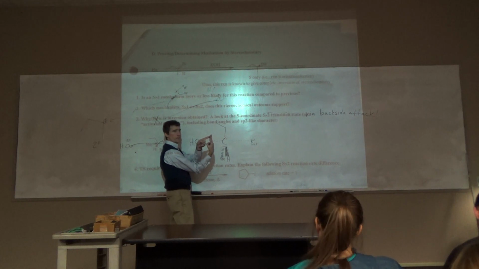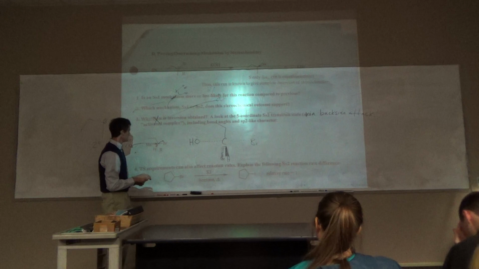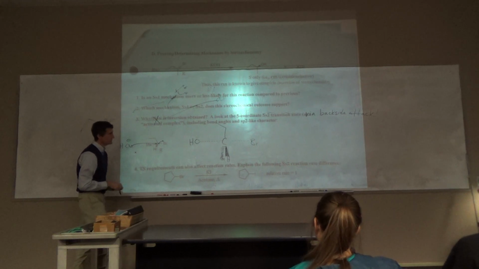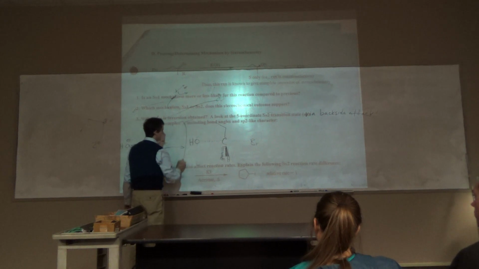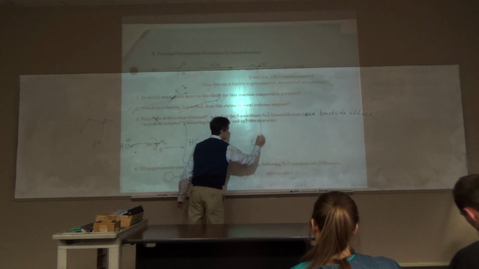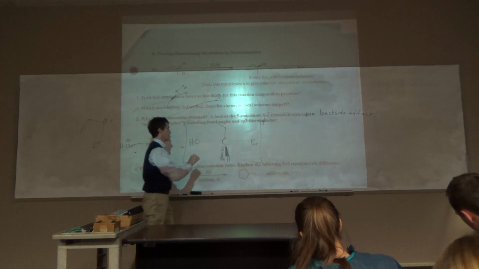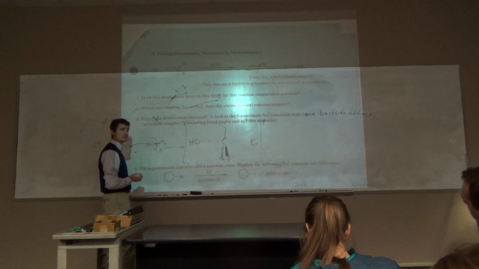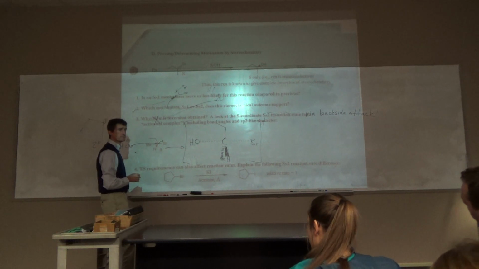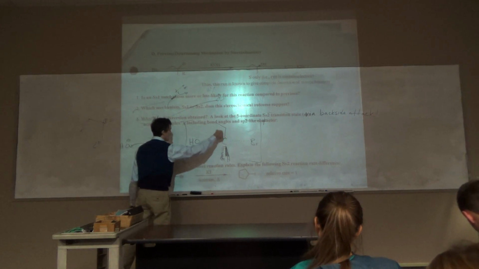The H is forward, the methyl is back. Okay? We get here. A lot of times these transition states are put in brackets. Sometimes you'll see a double dagger or something. Transition state, also called an activated complex. We'll look at this further.